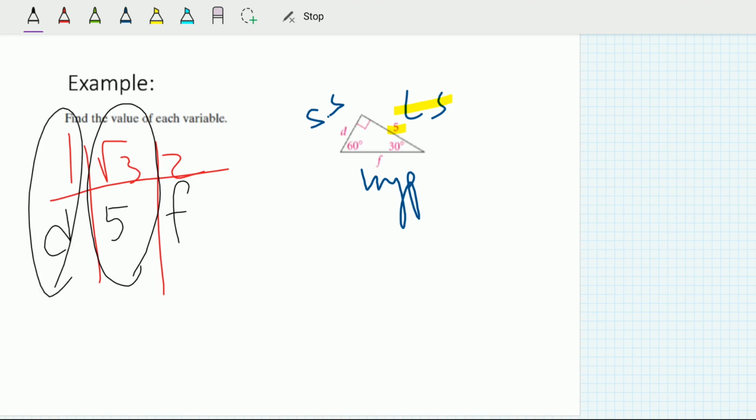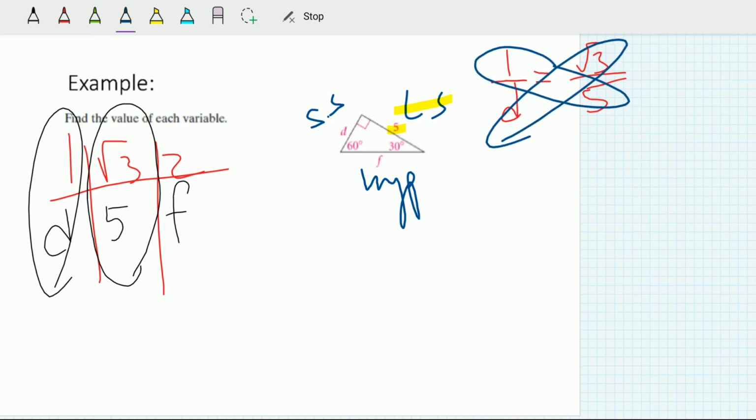So then there go my two fractions. I'm going to set up the equation. It'll be 1 over D is equal to square root 3 over 5. Now we can go ahead and cross multiply. If you really look at it, the only reason it's considered harder work is because you're going to have to rationalize.